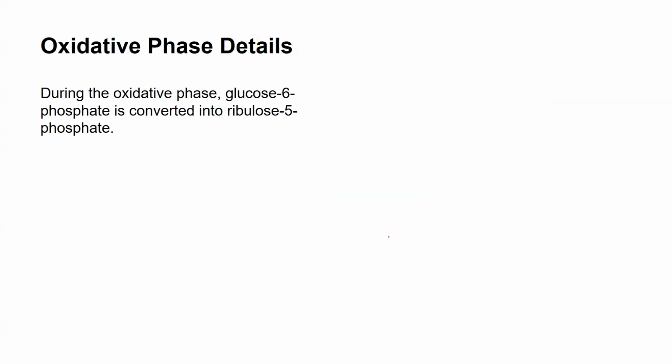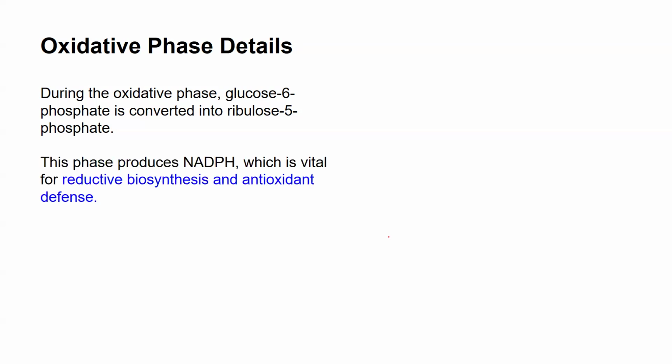So now let's look at the oxidative phase details. During the oxidative phase, glucose 6-phosphate is converted into ribulose 5-phosphate. So it starts with glucose, and the glucose 6-phosphate is converted into ribose 5-phosphate.